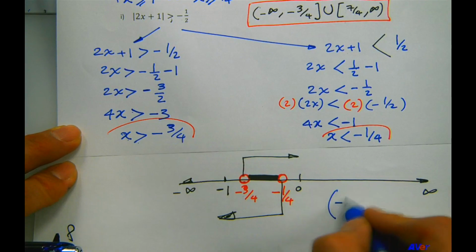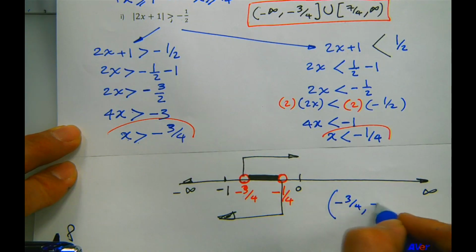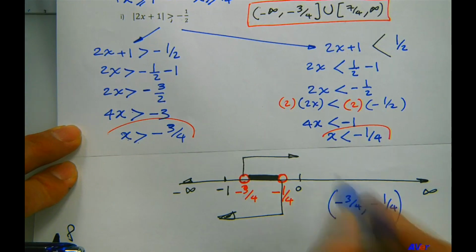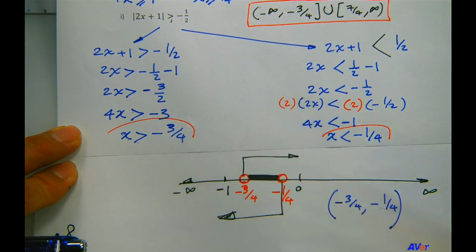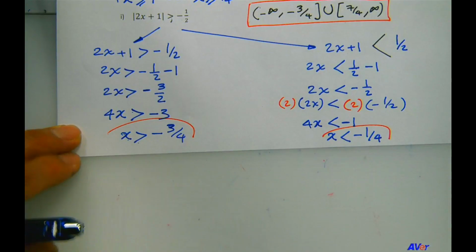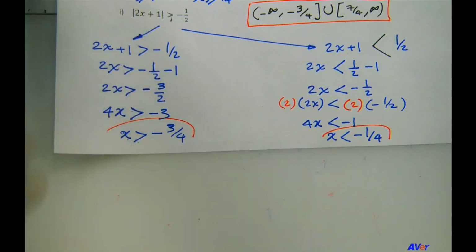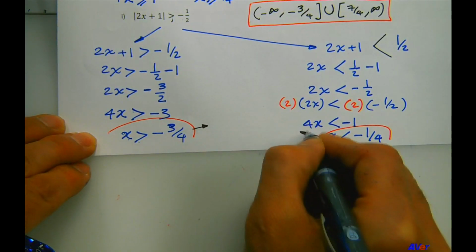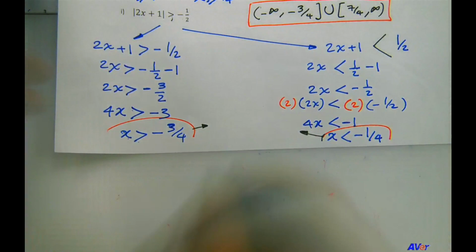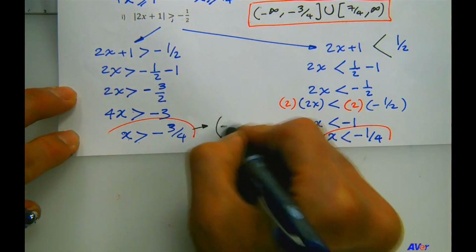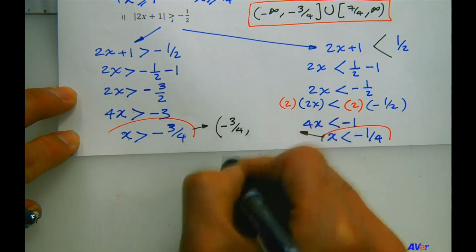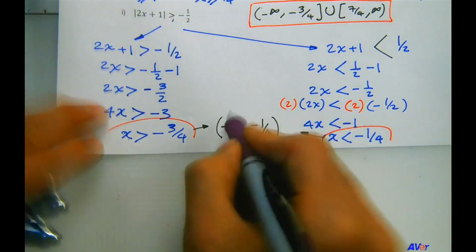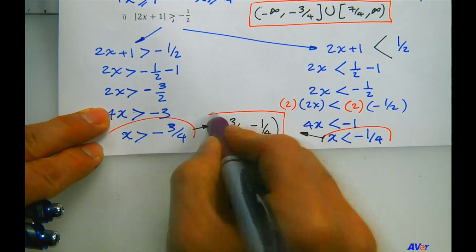So minus 3/4, comma, minus 1/4, parenthesis. Right? That's the final solution. Let's write it on the paper there. So using this solution and that solution, we end up with parenthesis, negative 3/4, comma, negative 1/4, close parenthesis. Like that.